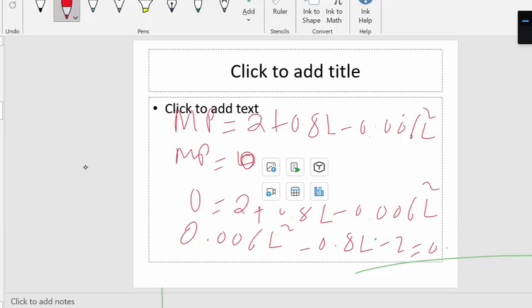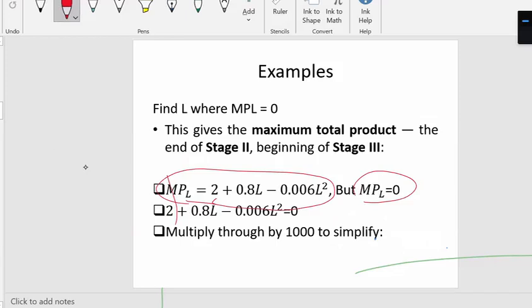We get how much? Mapata 133.33. Najiuliza imekwaje hapa sasa. Hatuwezi kuziconvert kutoka kwenye decimal process kuja kwenye namba za kawaida.